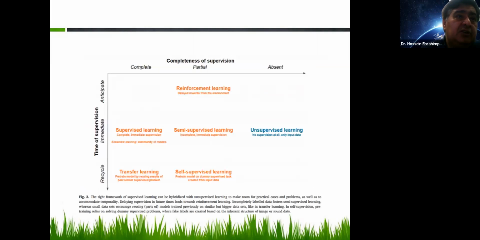This is another diagram that compares the completeness of supervision and the time of the supervision. So for example, when you have an unsupervised learning system, it is really unsupervised.